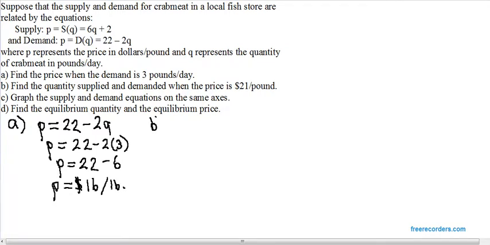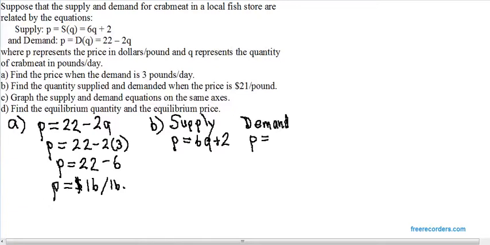Part B is talking about both supply and demand. So we're going to use both of our equations here. We're going to use the supply equation, P equals 6Q plus 2, and we're going to use the demand equation, P equals 22 minus 2Q.